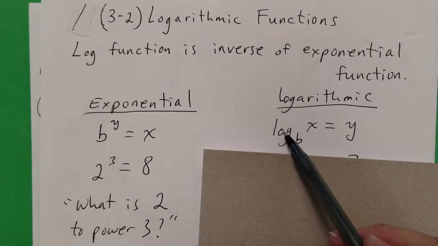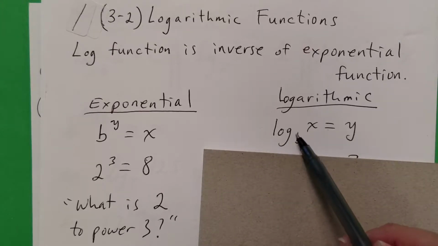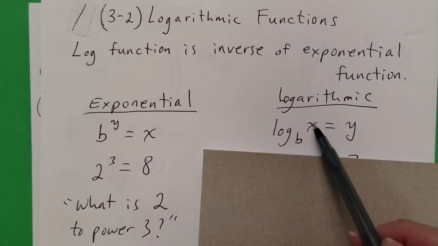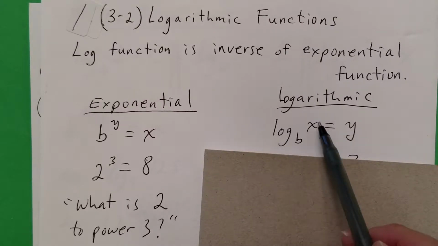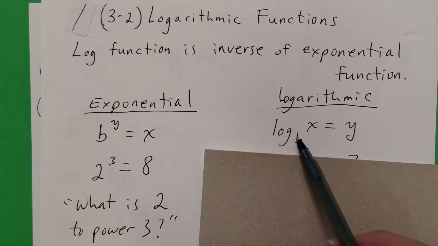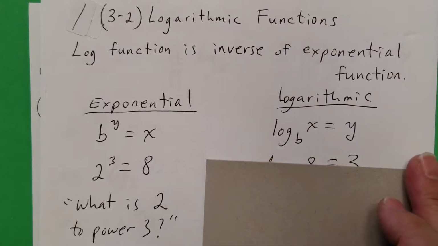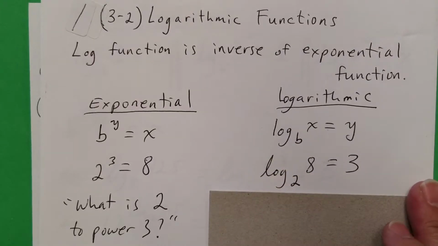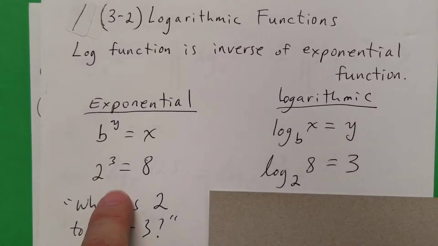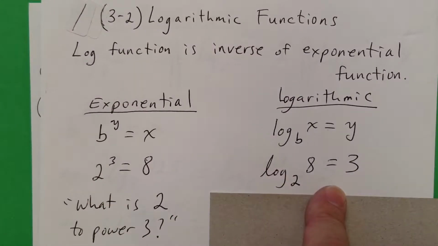Log, base, some number here, some base, a little bit lower, and then x. So log and x go on the same line. B is like a subscript, a little further down, equals y. If we use numbers, it could look something like this. Notice it's the same numbers, but in different places.